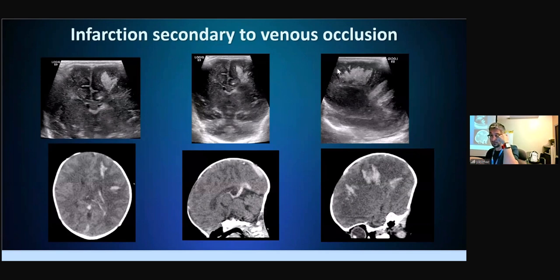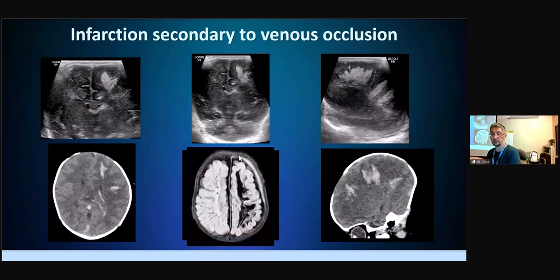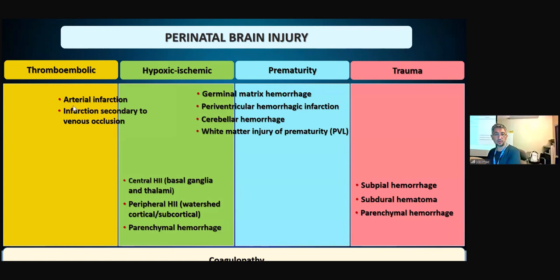Typically, the cortex is preserved in these kinds of large venous infarctions, and white matter is involved. And this is the MRI follow-up of the patient. You can see the loss of white matter with preserved cortex over it. So this is the thromboembolic etiology.